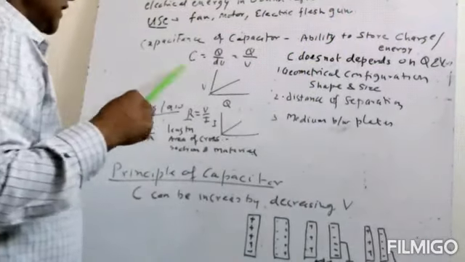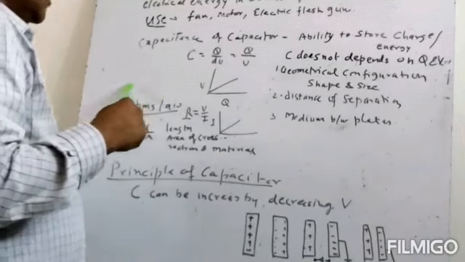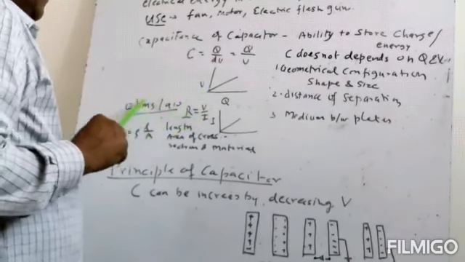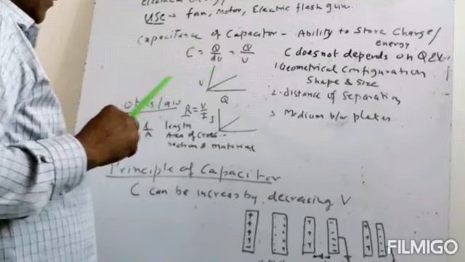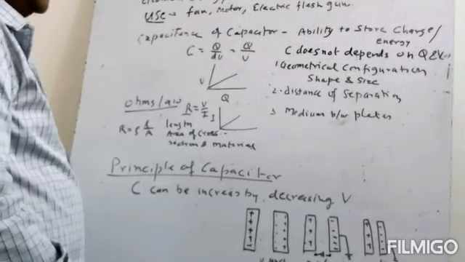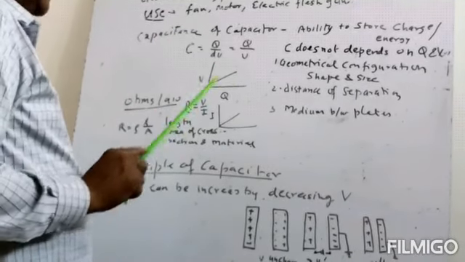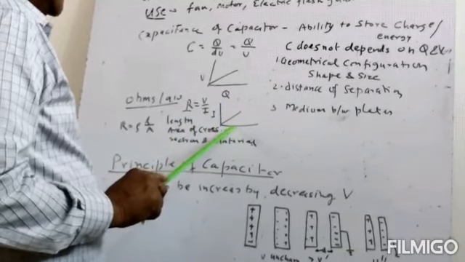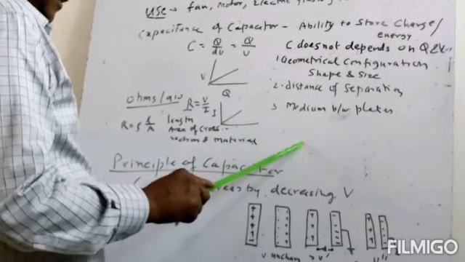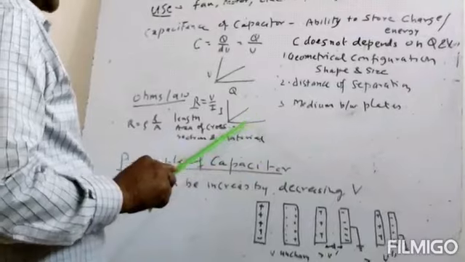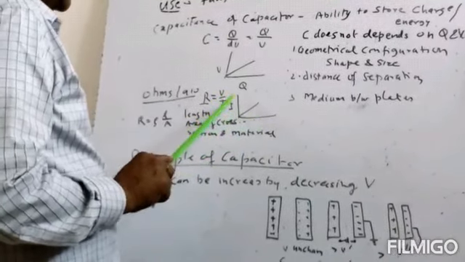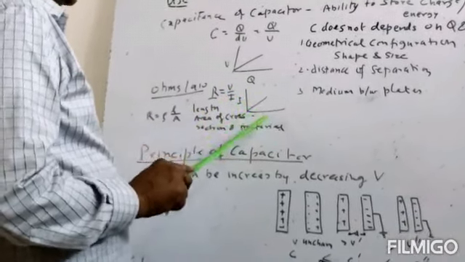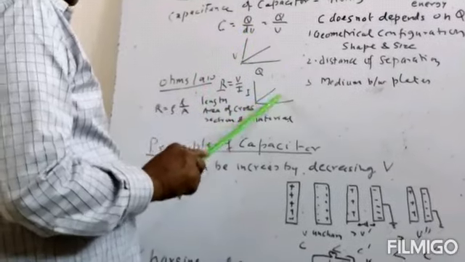A similar thing we can take in the case of Ohm's law. By Ohm's law, when the physical conditions are the same, the potential across the conductor or resistance is proportional to the current. So the curve between I and V is a straight line, similar to here.